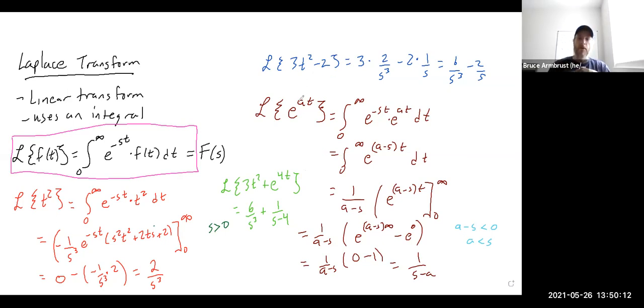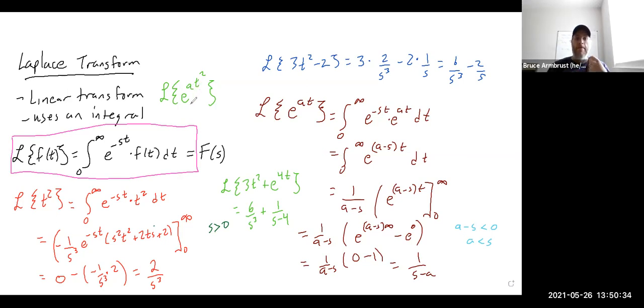Obviously, that's a different form than this one. We're not going to, but we could say, what if we wanted e to the a t squared? If we run through that and we get a formula for it, okay, cool. That's going to cover us for all of those things.